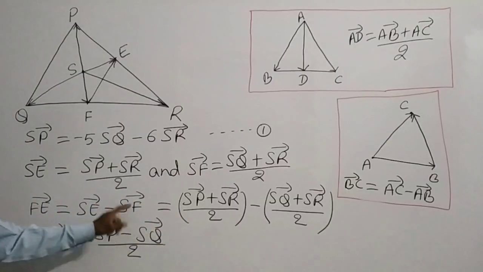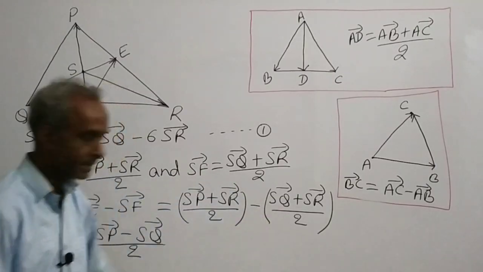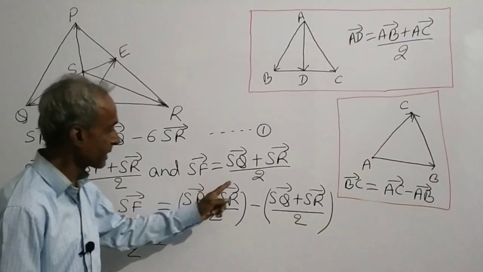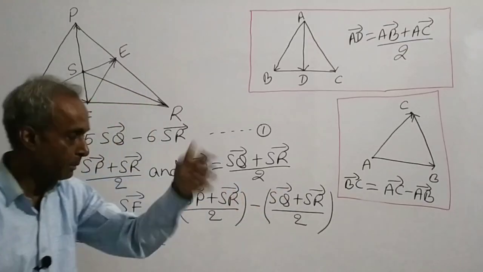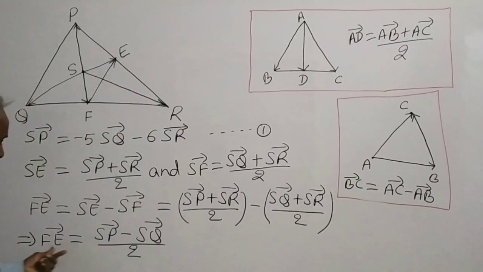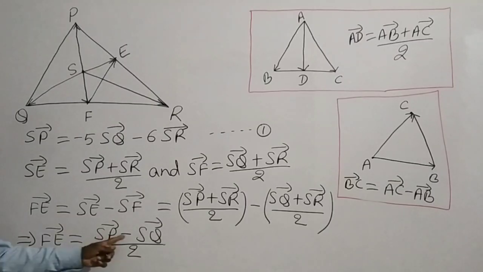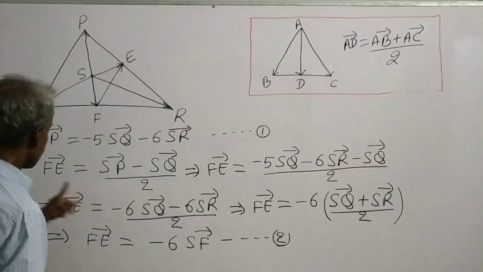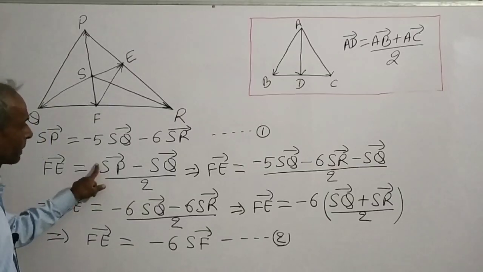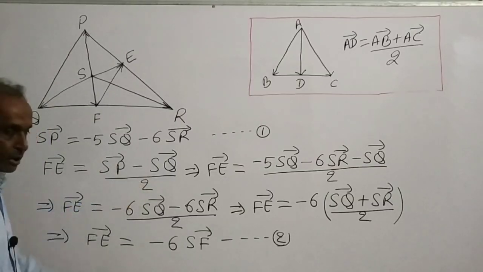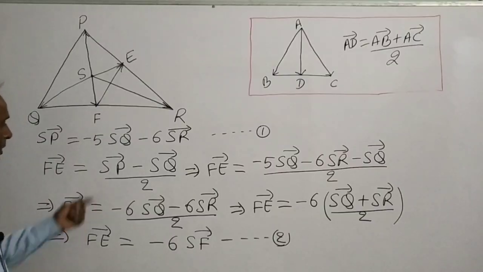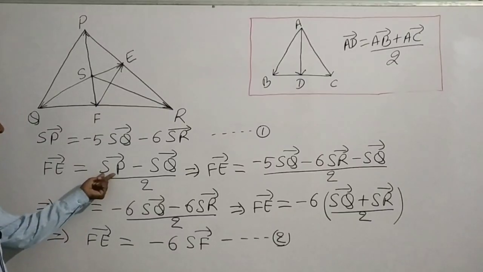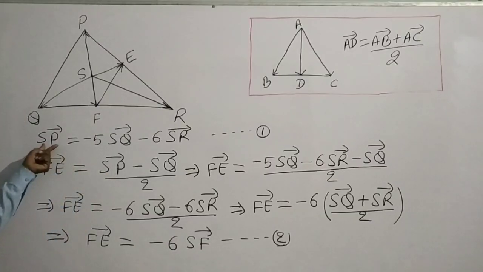In place of SF, we write this. Vector SR and vector SR will cancel out, and we get vector FE is equal to this.